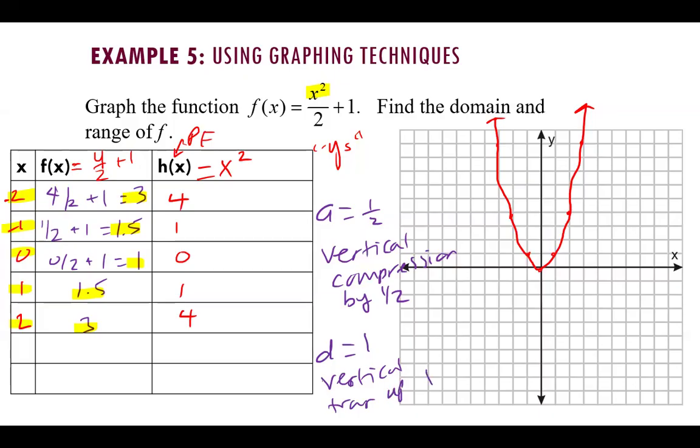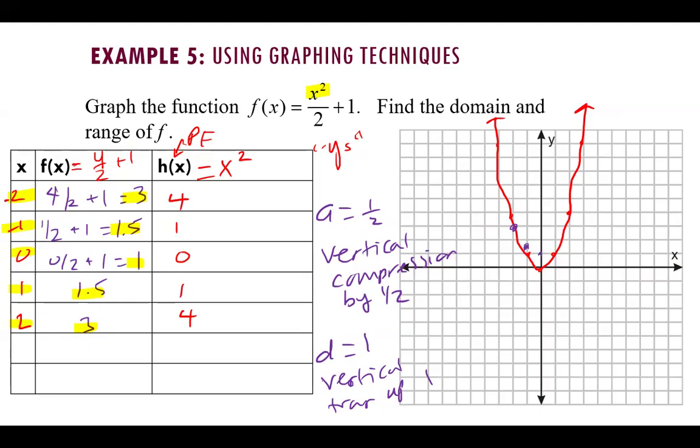So we're going to see if we did it, then that's what our graph should look like. So we have -2, 3. So I'm going to go to -2. And I'm going to go to 3. 1, 2, 3. Okay. We're at -1, 1.5. So we're going to go to -1. And we're going to go to 1.5. So it's right there. A little bit above. 0, 0. So 0 is still at 0, 1.